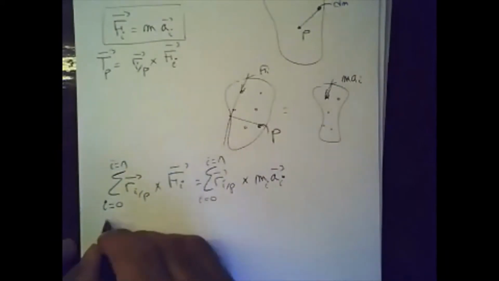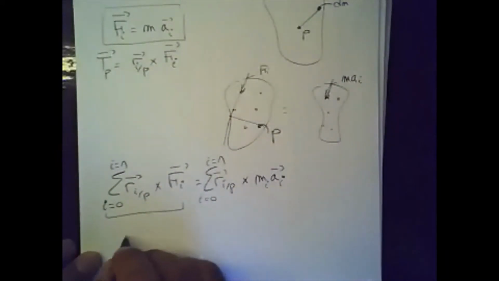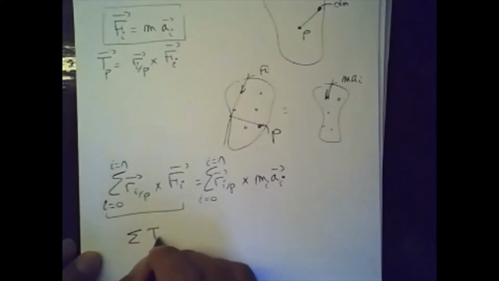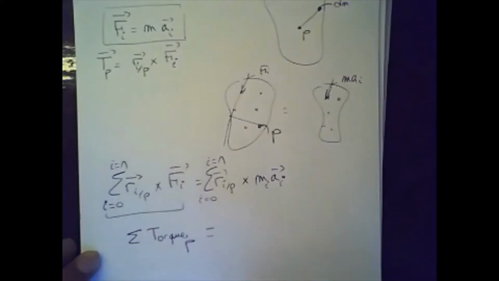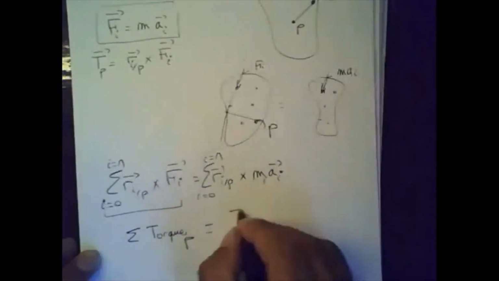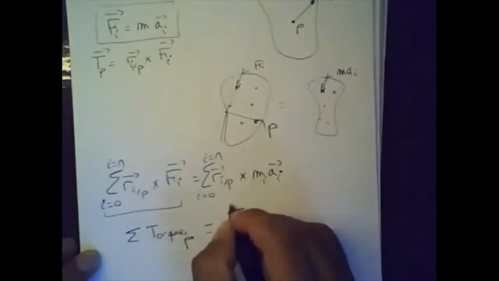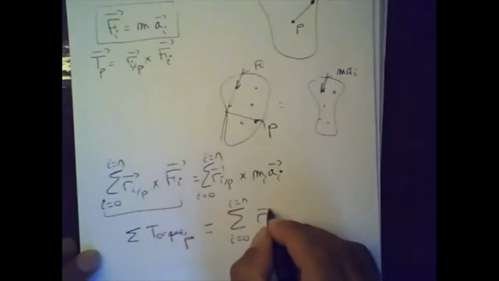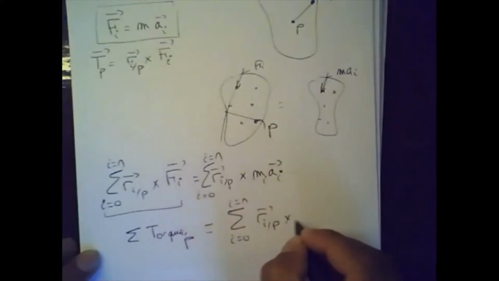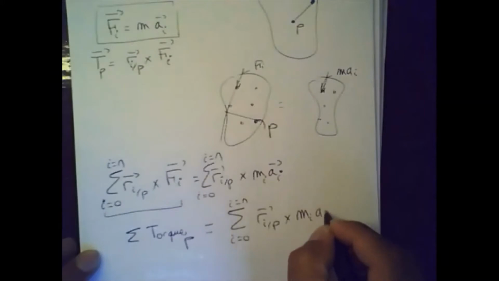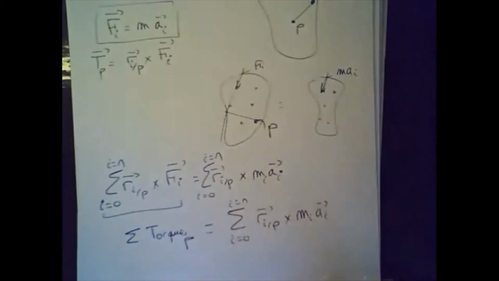This is the sum of the torques about point P, which is equal to this expression. Essentially I'm taking that inertial torque, m i a i. Is that clear, guys?